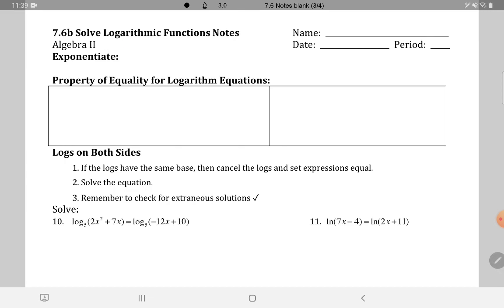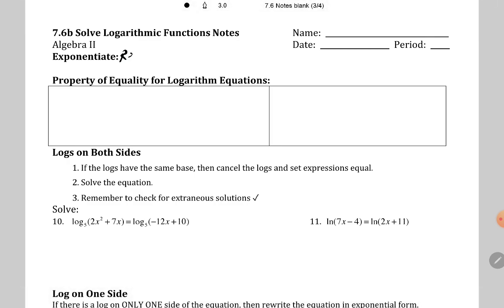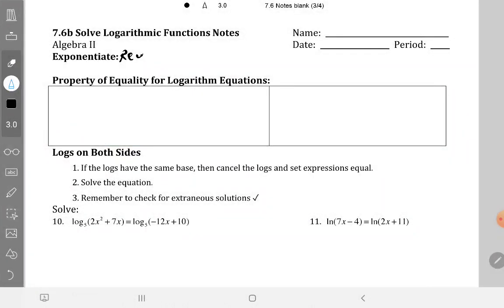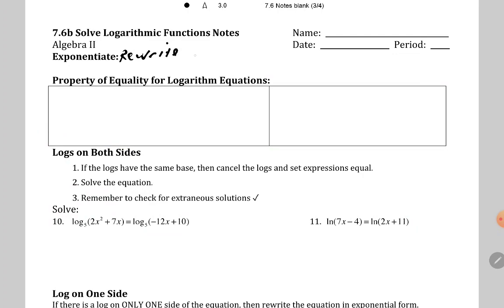Exponentiate. So exponentiate is to rewrite both sides of an equation as exponents for the same base.